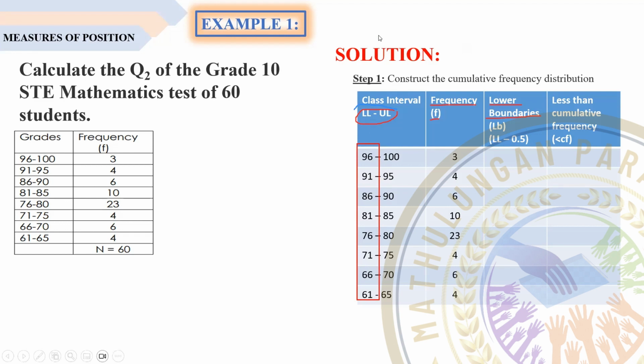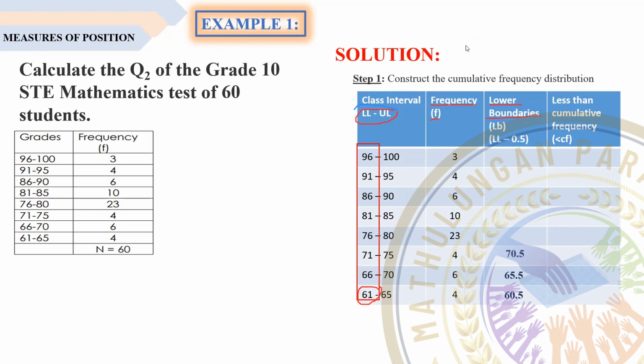So let us start with the first, which is 61. 61 minus 0.5 is 60.5. Next to that is 66 minus 0.5 is 65.5. 71 minus 0.5, that is 70.5.